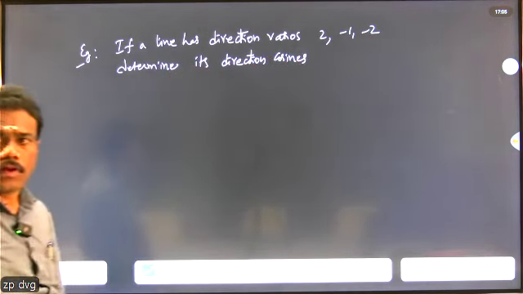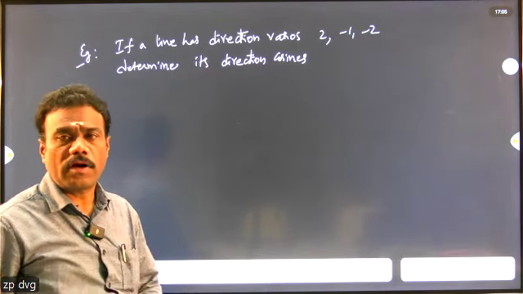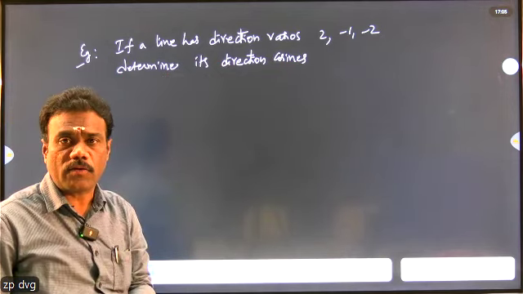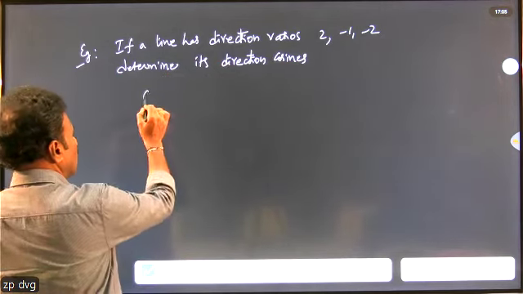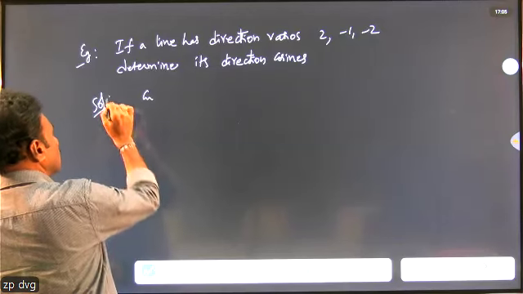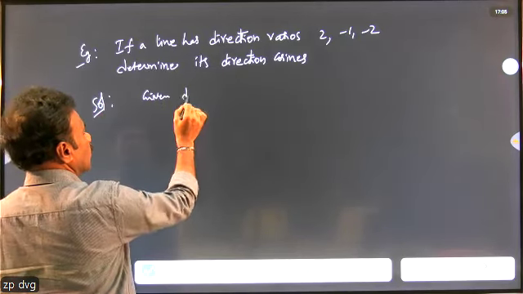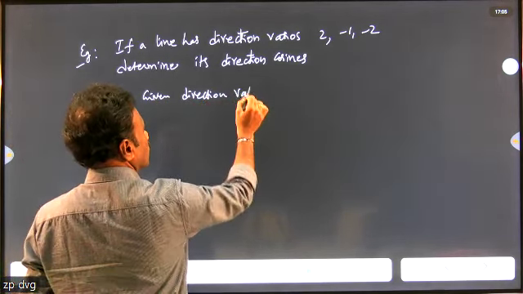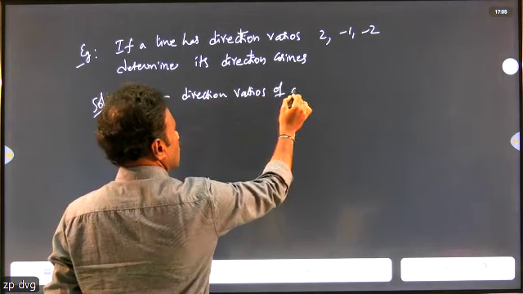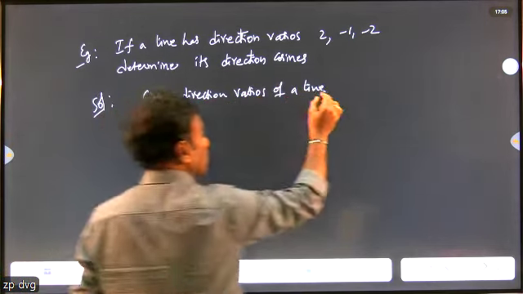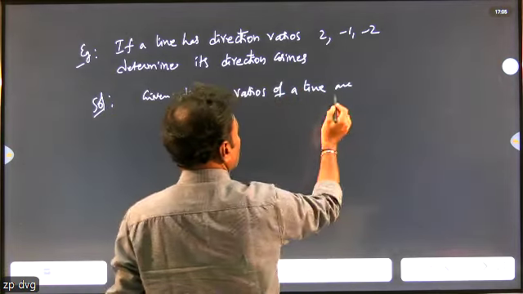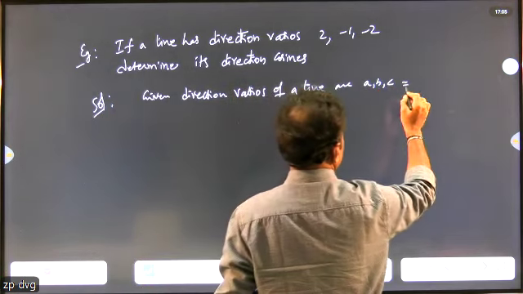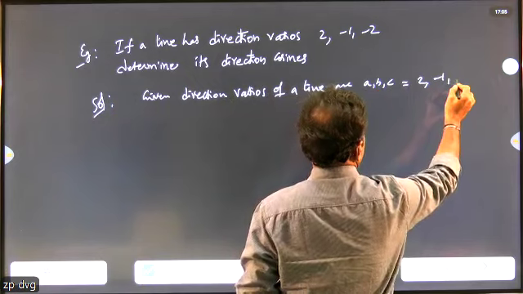See, here they have given the direction ratios of a line, and we have to determine the direction cosines. So we know direction ratios of a line are denoted with A, B, C. Given solution: the direction ratios of a line A, B, C are 2, minus 1, minus 2.